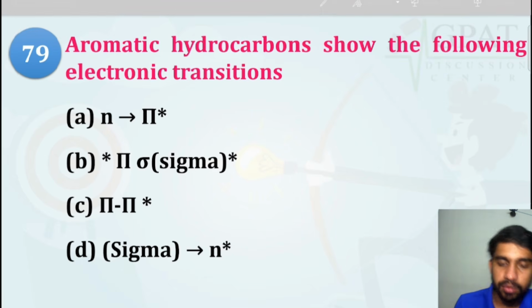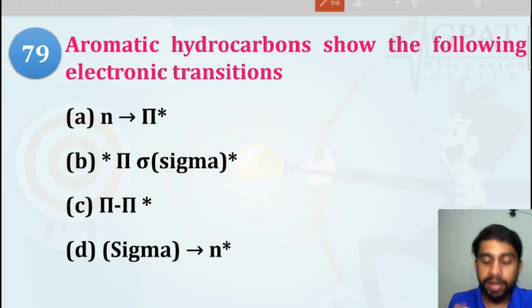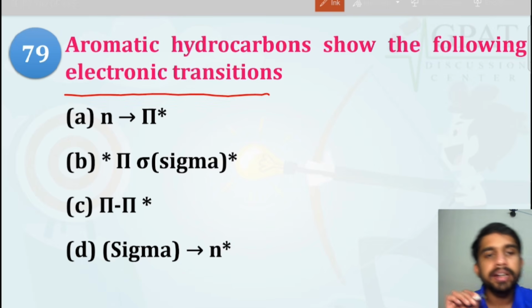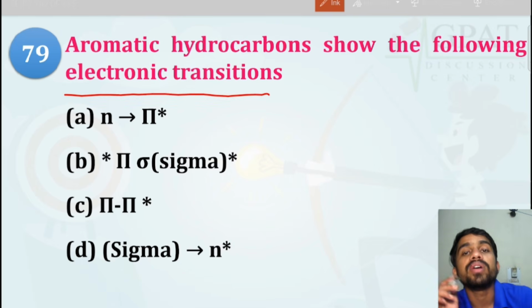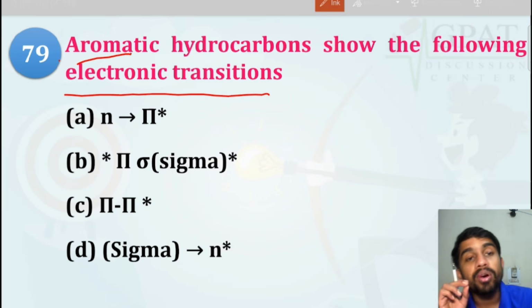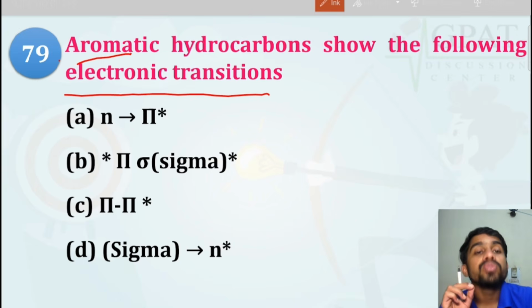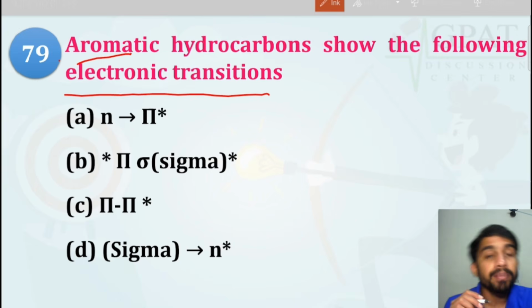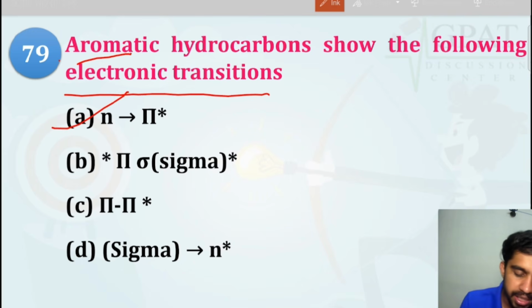Aromatic hydrocarbons show the following electronic transition. If any compound is aromatic, it means that they have a conjugated pi bond system, that is conjugated double bonds, that is pi electrons. So they have a pi to pi star transition.